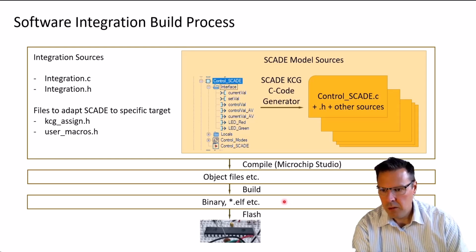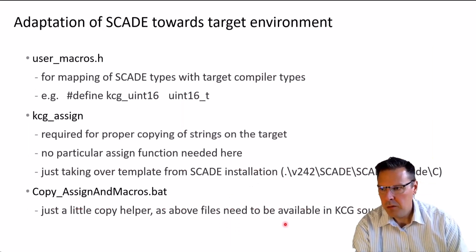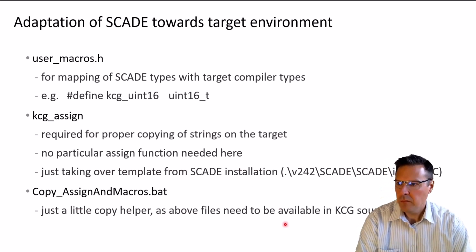And for instance, the .hex file, that one can be flashed to our target. So in the end, it's one click in SCADE to build all these sources, and it's another one click in the Microchip Studio to build and flash all in one. So it's very, very simple.